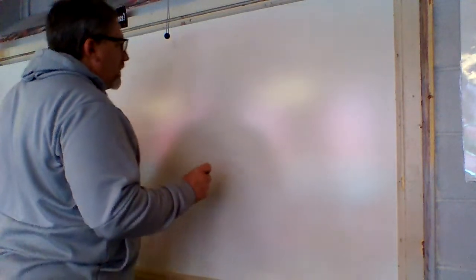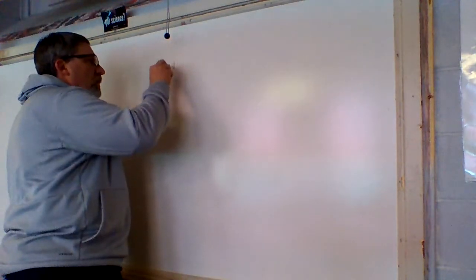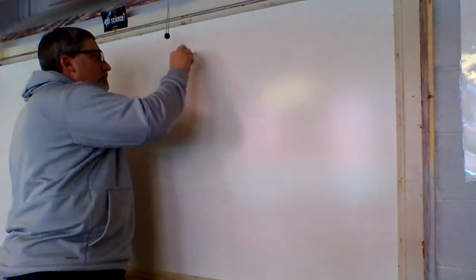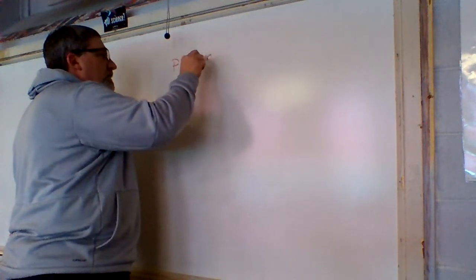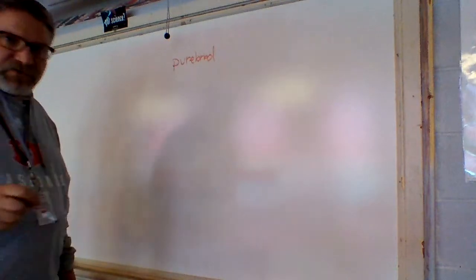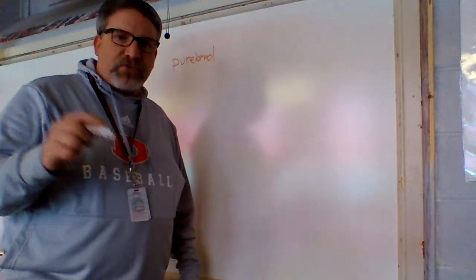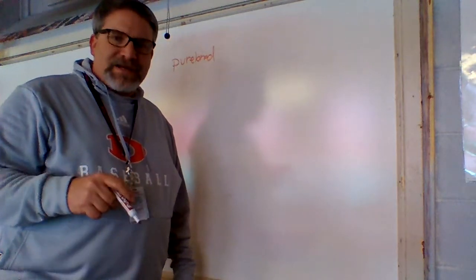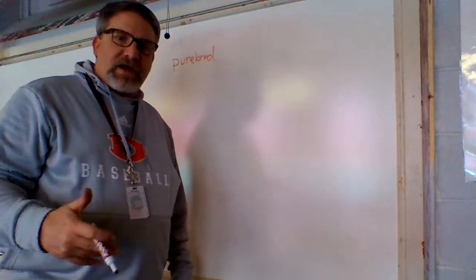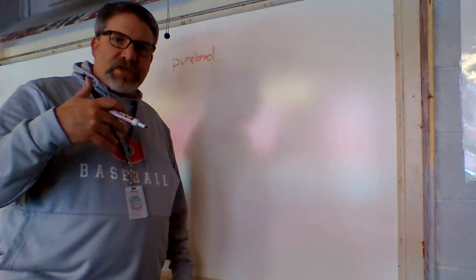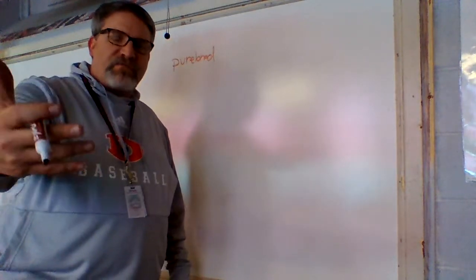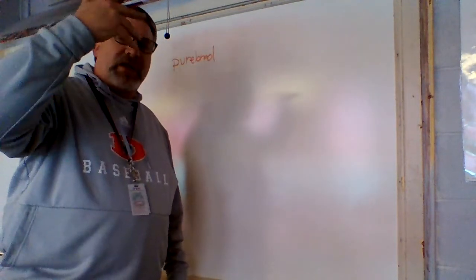One of the first words that we learned was purebred. A purebred is an animal that has the same characteristics over and over again. I show my class the picture of my golden retriever. My golden retriever has characteristics that hunters like. A golden retriever is known for the characteristic of being able to go and fetch, bringing it in.